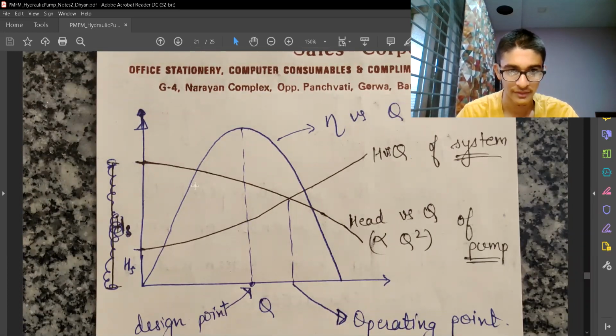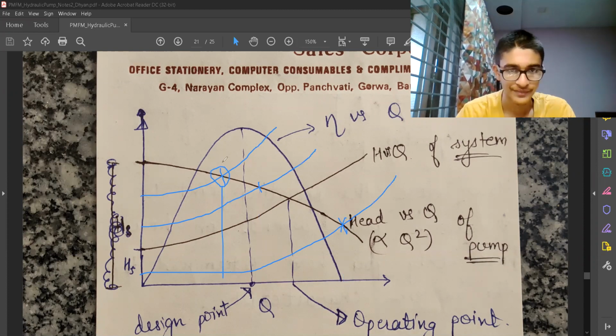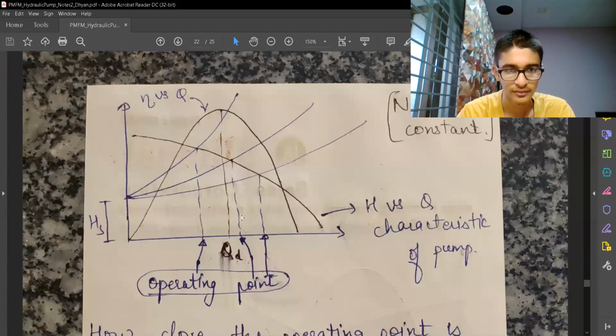So we can have multiple curves like this. And then depending on those, the working condition or operating point can change. Sorry, it should start from the same HS.